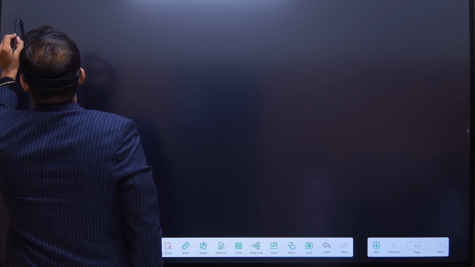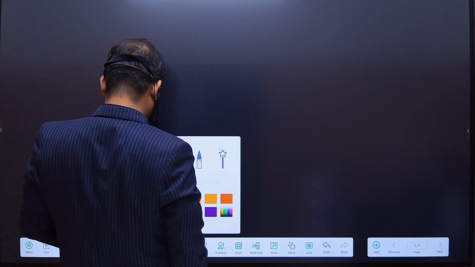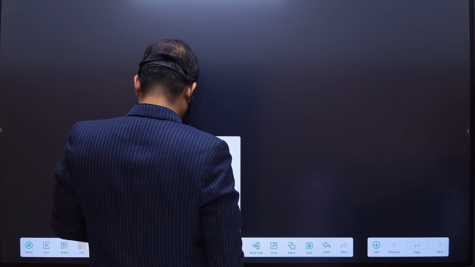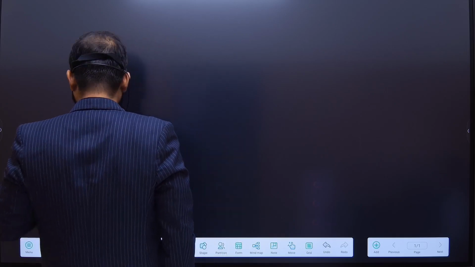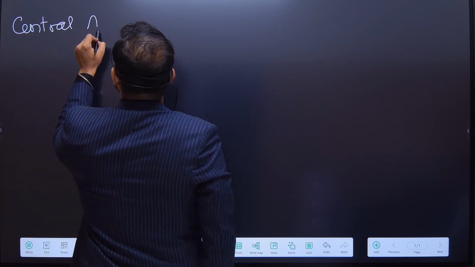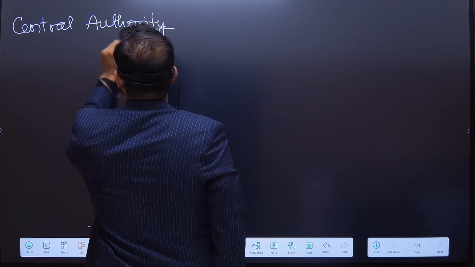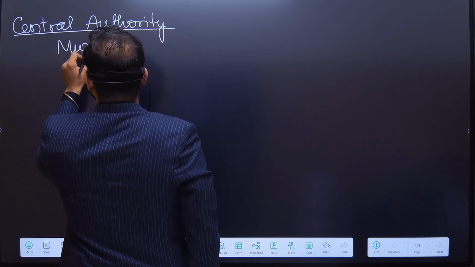We have learnt about the central authority. That is the Mughals.